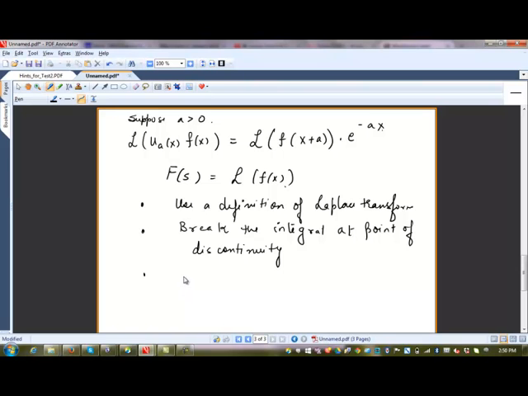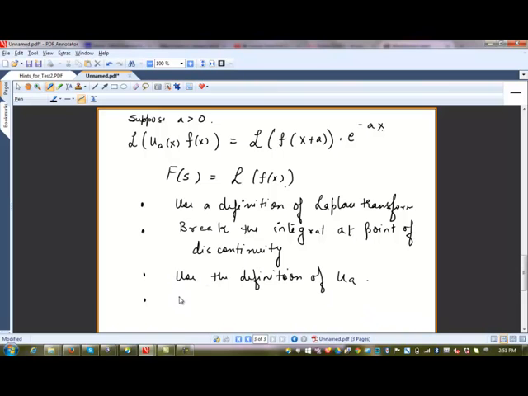Then use the definition of u_a. u_a is 1 when x is bigger than a. So in the integral from a to infinity, place the value 1. In the integral from 0 to a, place the value 0. So you apply the definition of u_a.